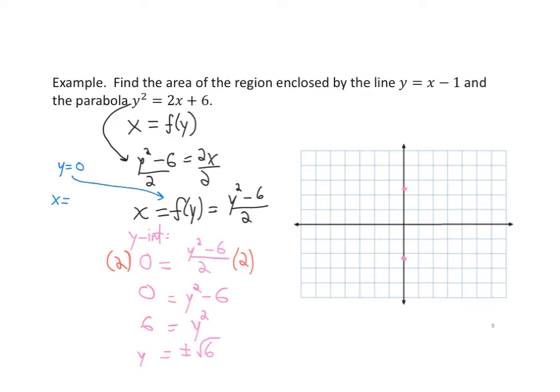So what is x when we evaluate this function in terms of y at y equals 0? We get 0 squared minus 6 over 2, which is negative 3. So that means when y equals 0, we have x equals negative 3. If we put that all together, we'll get a parabola that looks something like this.